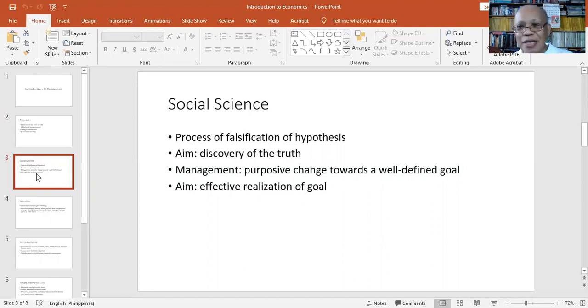The goal here is something that you are 100% very, very much into, something that you believe in. So a paper that is scientific in nature would have a very, very different approach and conclusion from one that is a management paper or a policy paper.